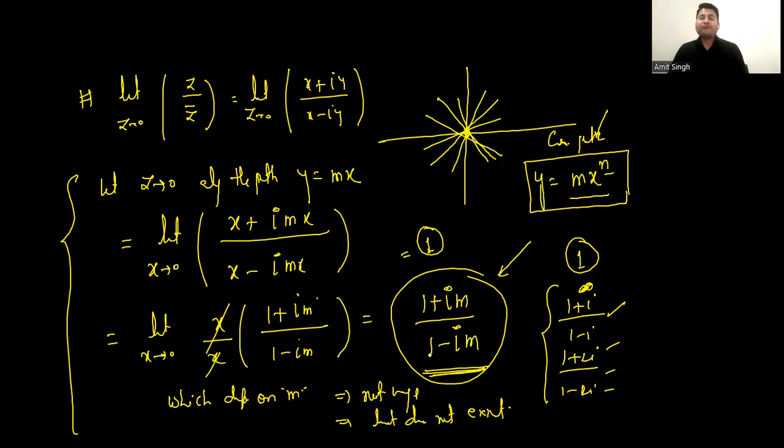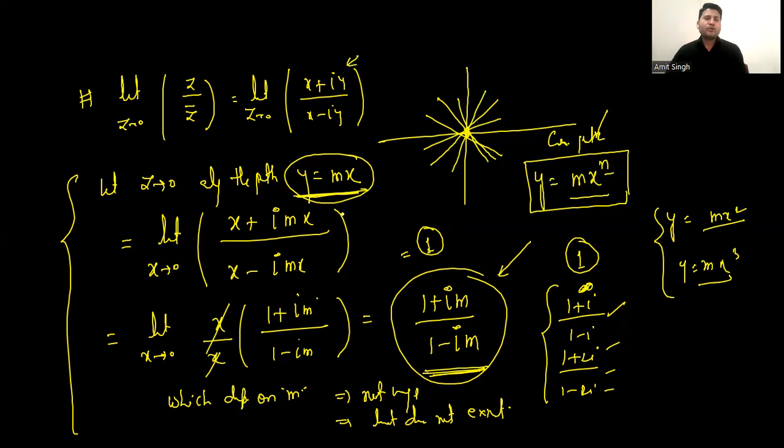Now, sometimes what happens is that here I am taking the path y equal to mx. Sometimes we should take y equal to mx square, y equal to mx cube, depending on the nature of the problem. Y equal to mx is sufficient in the case of a homogeneous function. Homogeneous means what?